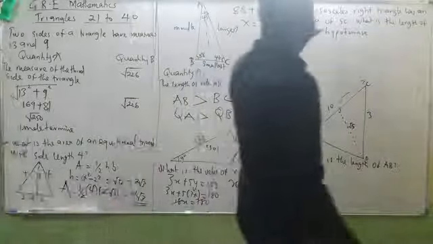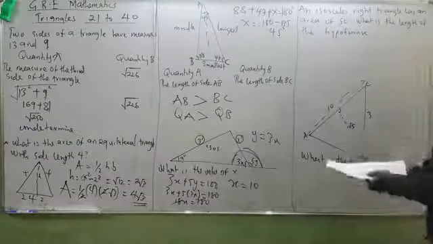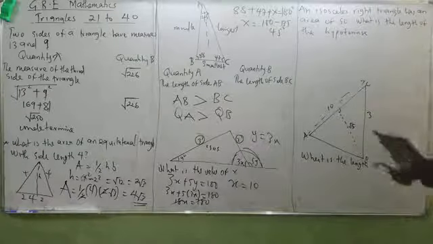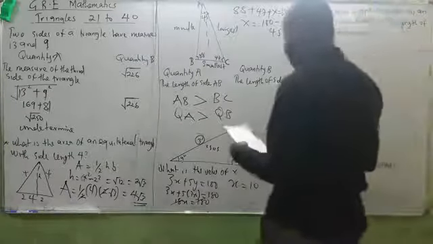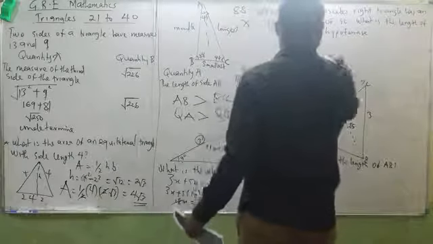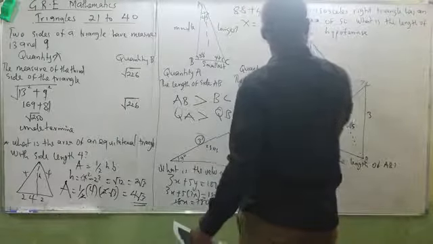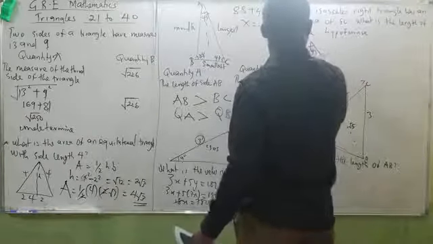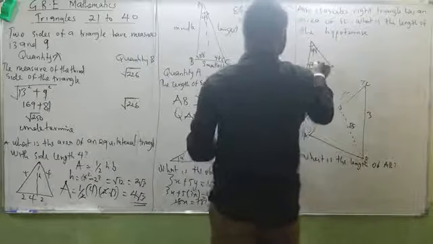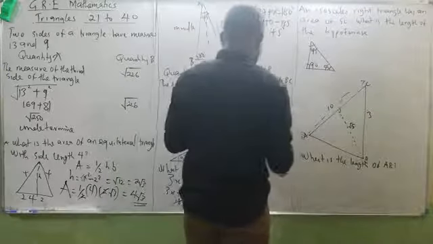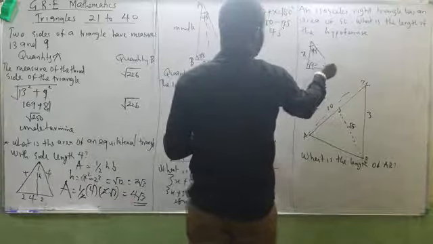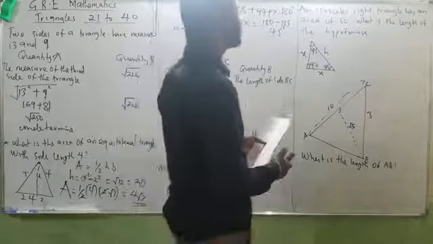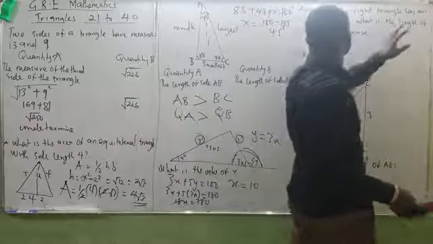Now, an isosceles right angle triangle has an area of 50. Since it's isosceles, it means you'll be talking about something like this. It will be 45, 45, and here will be 90. It means here will be x, here will be x, and this will be h. What is the length of the hypotenuse?